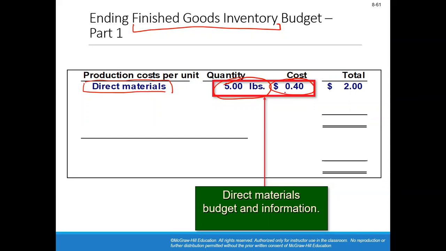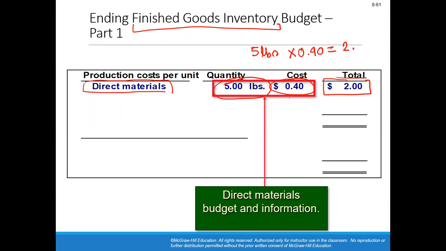So for each unit of product, note that I'm not saying for each unit of material, I'm saying for each unit of product, how much direct materials cost do you have to incur? It is $2. How can you get this? It is 5 pounds in terms of weight, and each pound costs how much? $0.4. So it is $2.